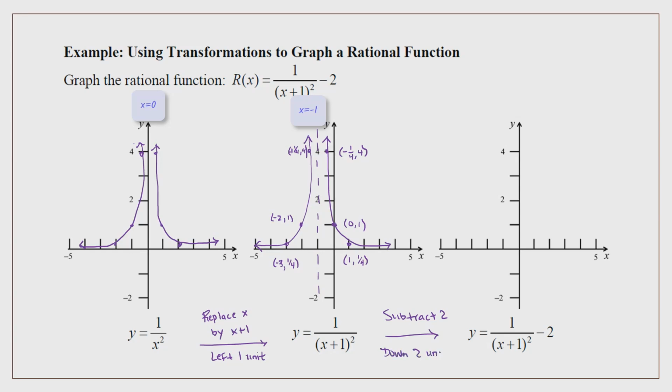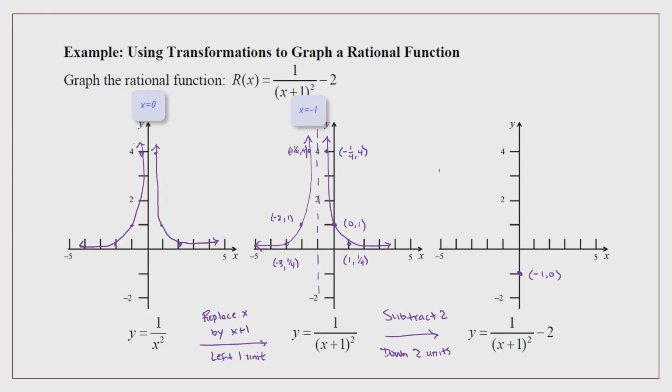So this affects our y. Now we're going to take these points and shift them down 2 units. In shifting down, let's start at (0, 1). We're going to now go down 2. So that's going to be this point right here, and that's (negative 1, 0).